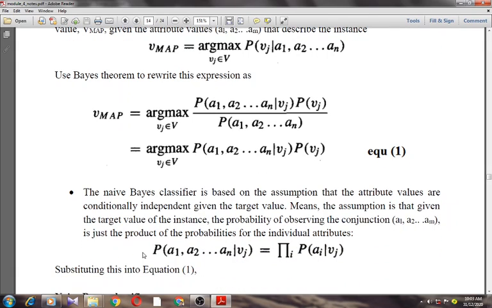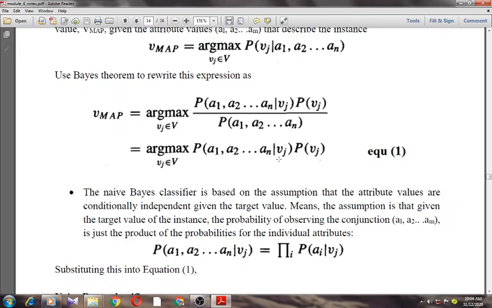Now we could attempt to estimate the two terms in this equation based on the training data. It is easy to estimate each P(vj) simply by counting the frequency with which each target value vj occurs in the training data. However, estimating the P(a1, a2, a3, and so on an | vj) terms in this fashion is not feasible unless we have a very large set of data.